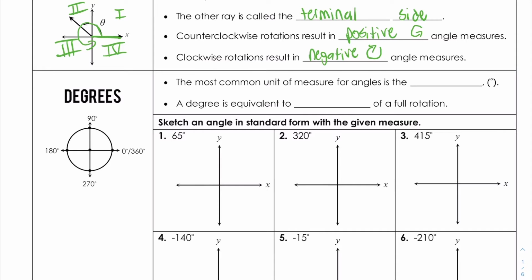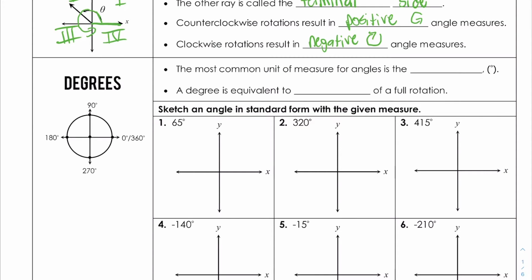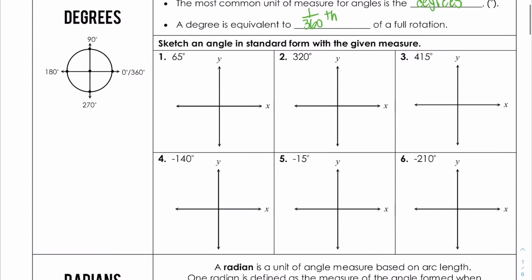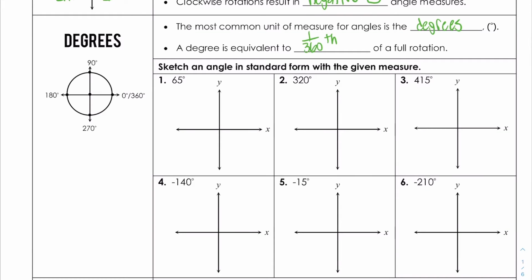The most common way we measure angles is with degrees. And a degree is 1/360th of a circle. Over here on the left, it's marking that straight to the right is 0 degrees and 360 degrees.